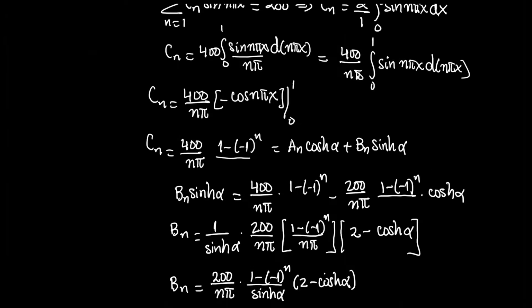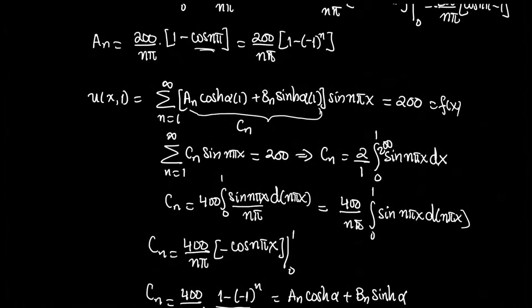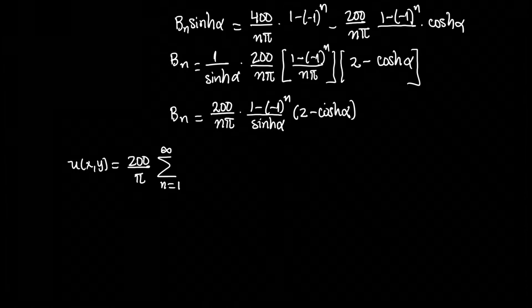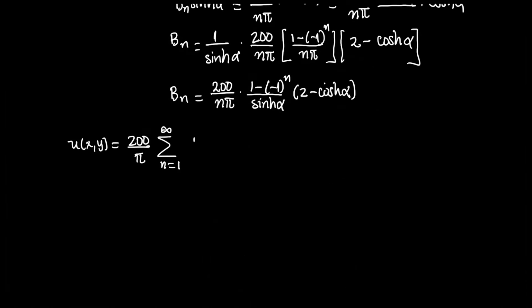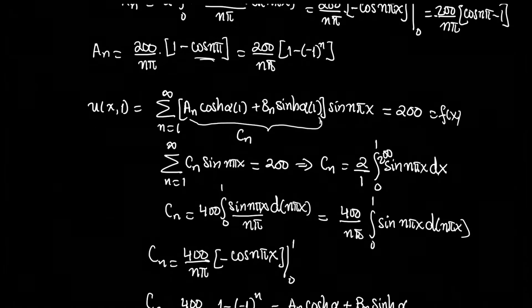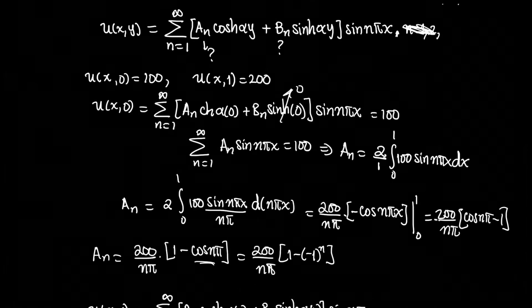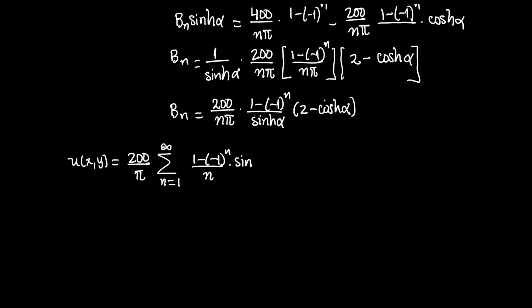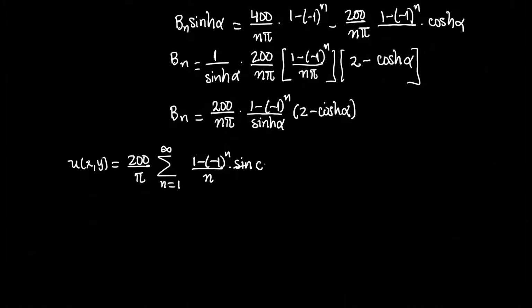Then you have a_n, you are left with 1 minus (minus 1) to the power n over n, hyperbolic cos alpha y, plus B_n.